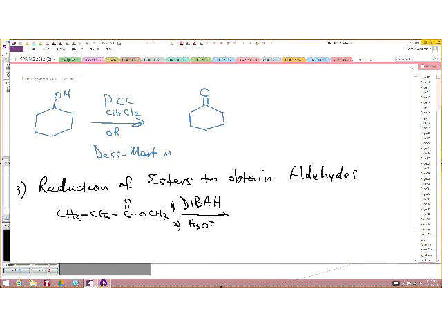This molecule here, DIBAH, will transform an ester to an aldehyde. So that is a very important reagent. There are not too many reagents that will do that. And what is DIBAH? It is this molecule here.